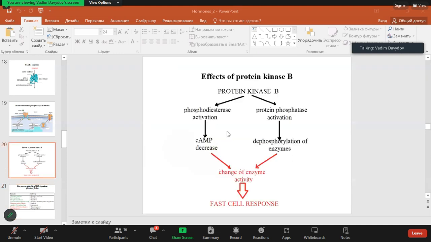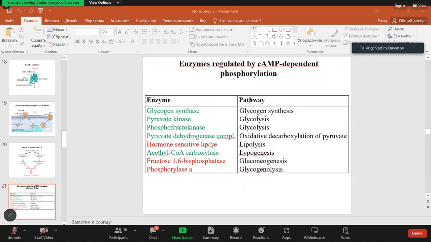And insulin, please note, leads to activation of protein kinase B and activation of protein phosphatase, so all those enzymes undergo dephosphorylation and get higher activity. As a result of insulin, glycogen synthesis increases, glycolysis increases, oxidative decarboxylation of pyruvate increases, and lipogenesis increases.